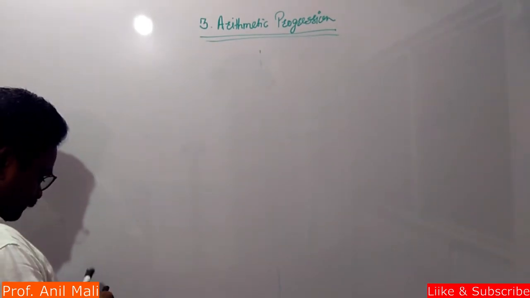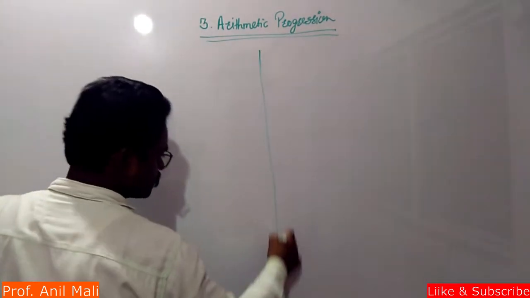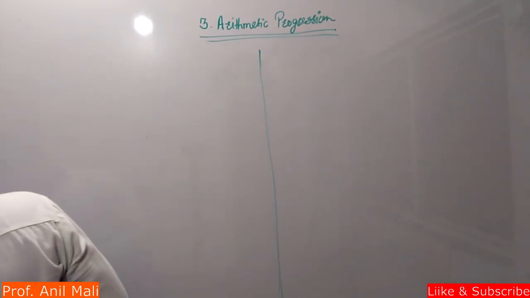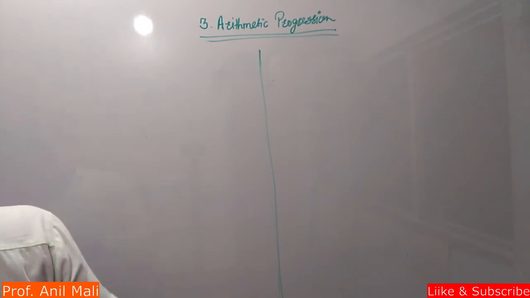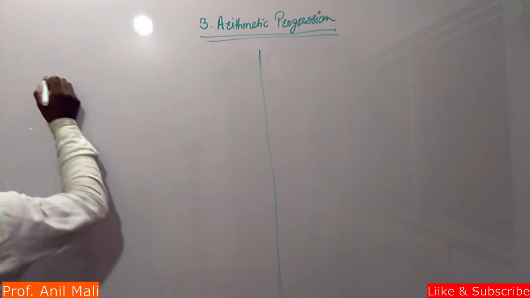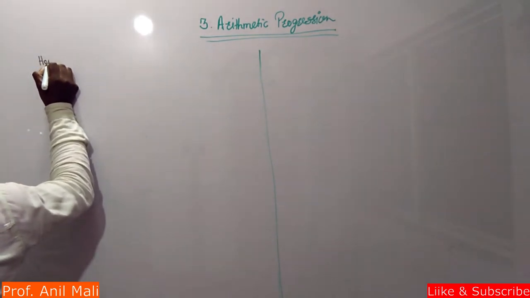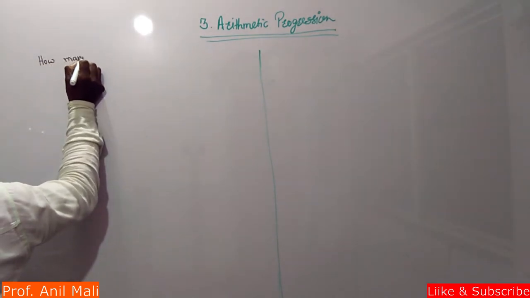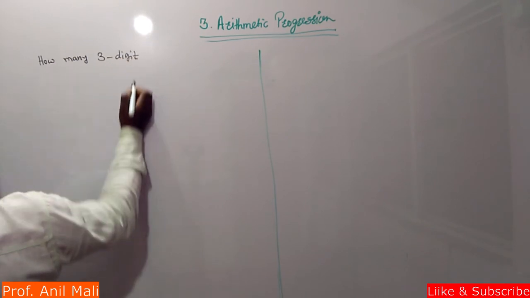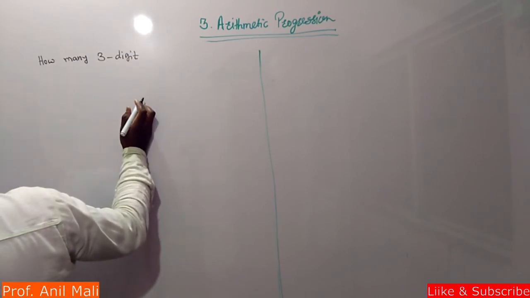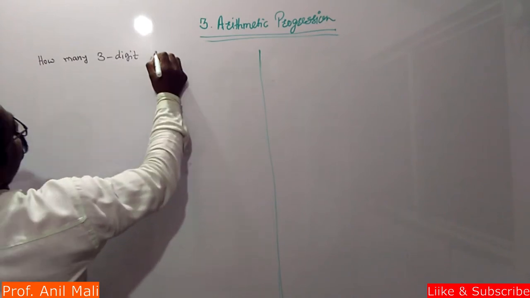The next problem which we are going to discuss is: how many 3-digit natural numbers are divisible by 5.